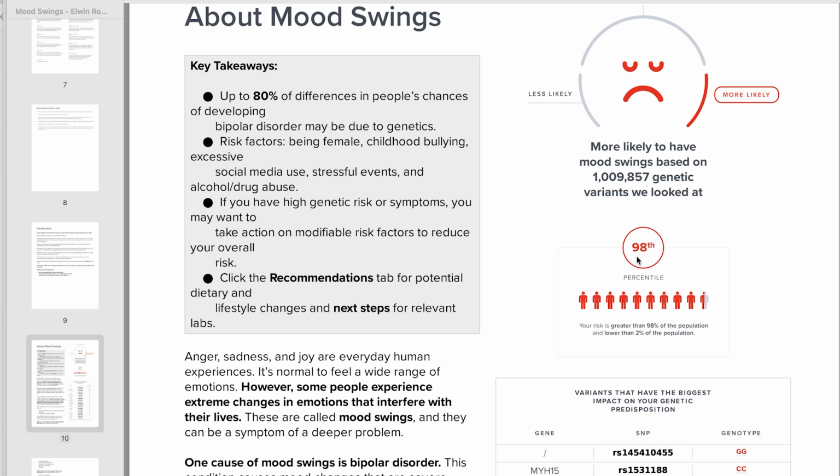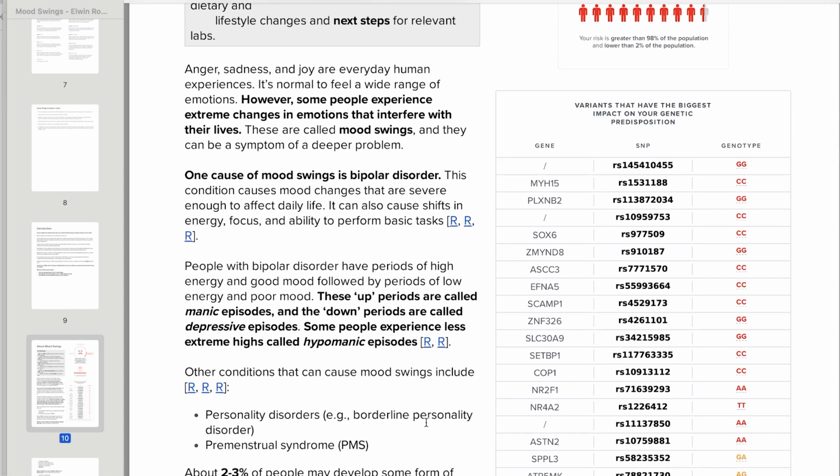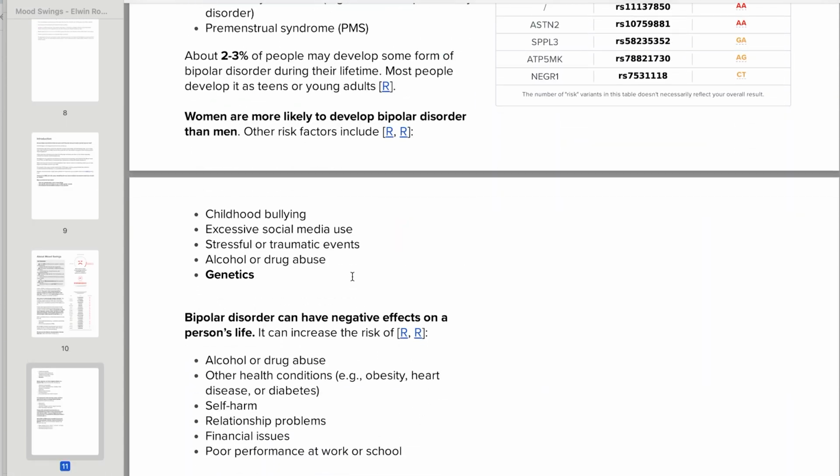Now, despite this person having a 98th percentile risk, and the fact that 80% of it is down to genetics, this person was not full-blown bipolar. And that's because bipolar is a fairly rare condition. I think it affects less than 1% of people. So this person didn't have full-blown bipolar. I don't think I have spoken to anyone who has, but I've spoken to a few people who've had a high risk.